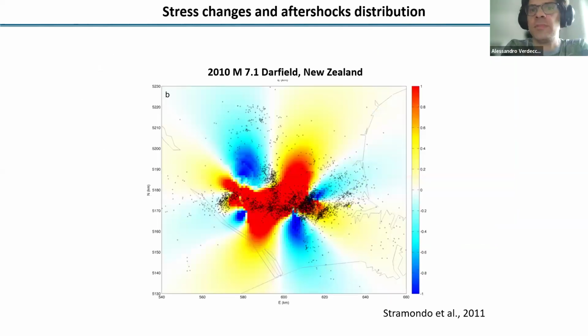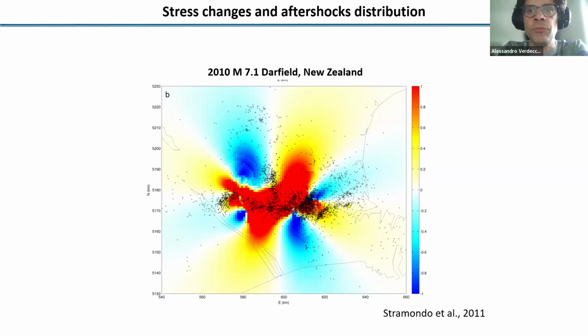So the first approach used in Coulomb stress interaction, that is basically the part that we'll talk less about here, just a couple of slides just to let you know, but probably you know already, is the interaction between the main shock on a fault and the distribution of aftershocks.